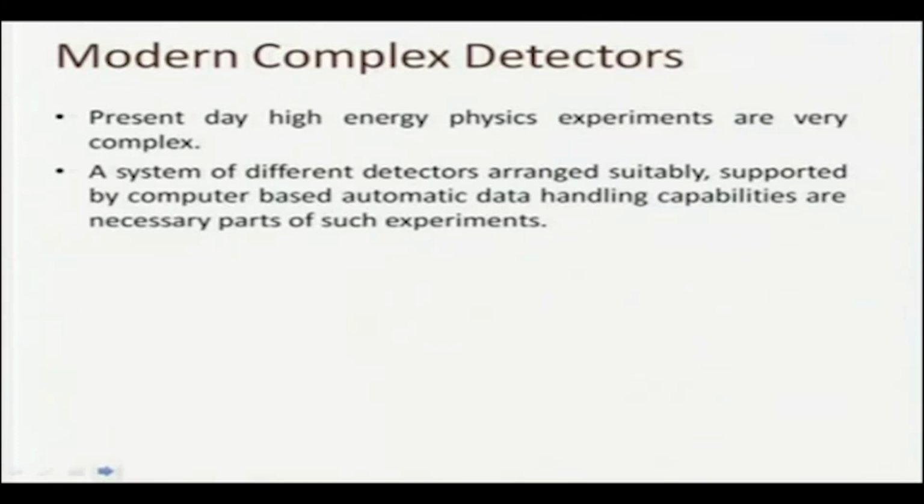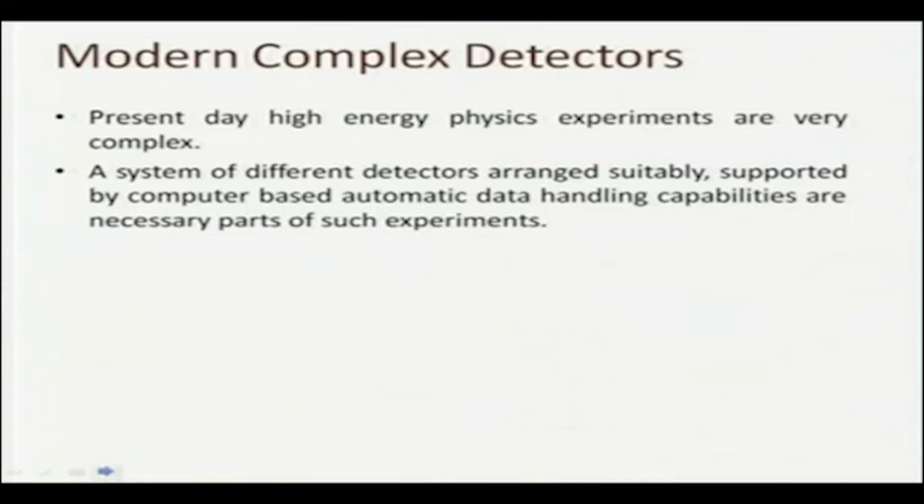And all this information will be fed to a computer controlled system, and automatic data handling is necessary. For example, when beams are collided, the collisions happen very fast, and you have to read out all this information very fast.